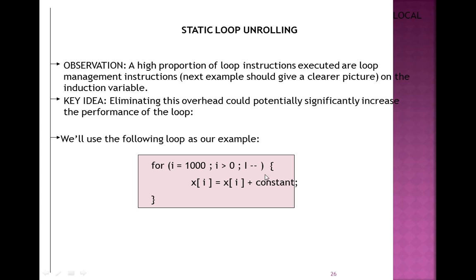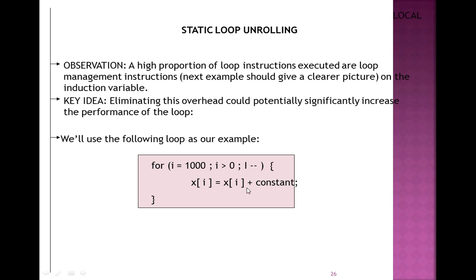Then curly braces open, and it uses x[i] equals x[i] plus constant. If I am using x[i], first it is 1000, that is x[1000] plus constant. Then the next iteration follows: the i value is 999, that is 999 plus constant.